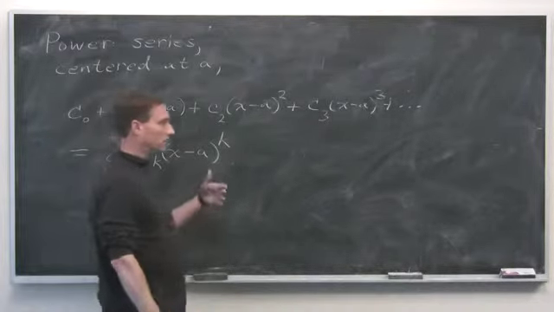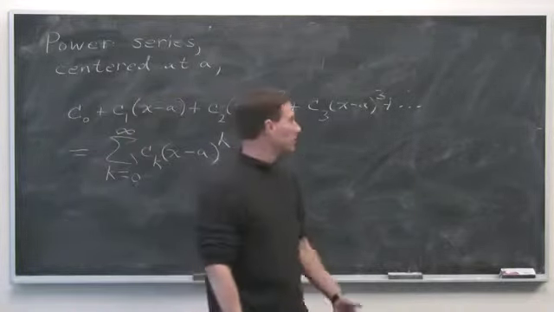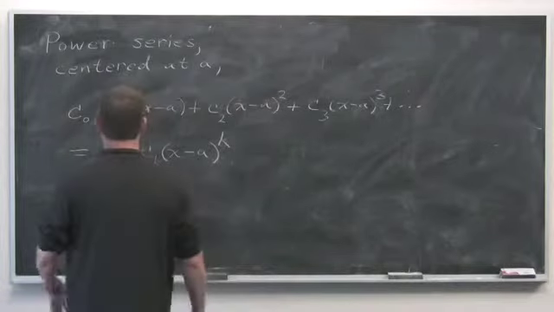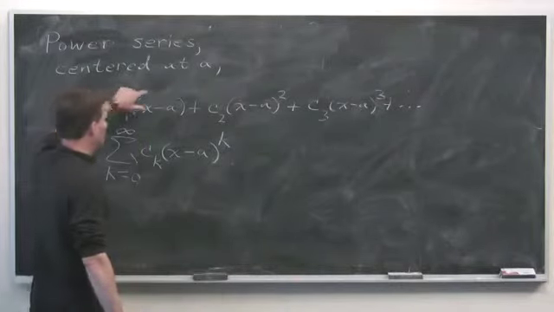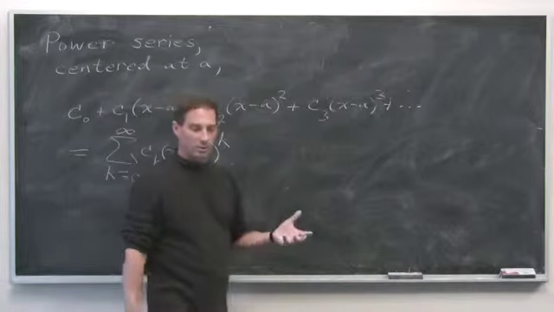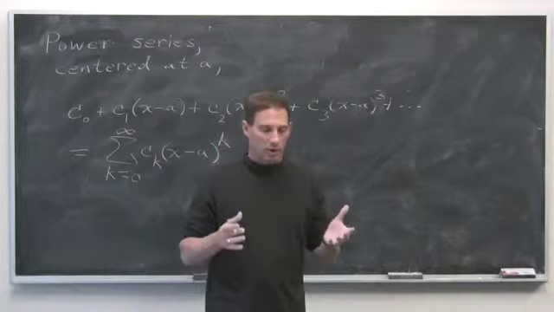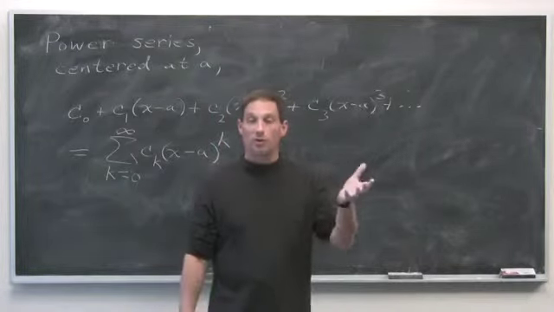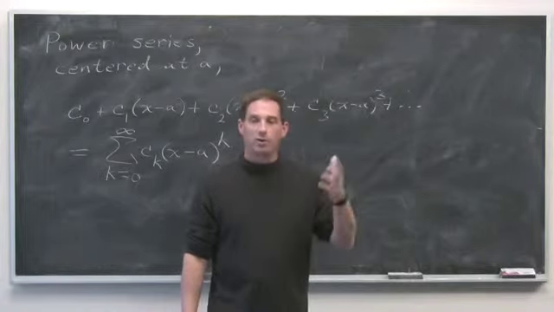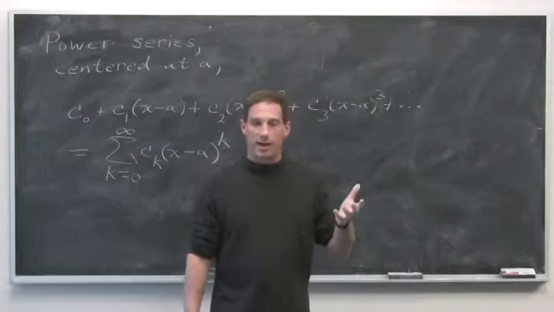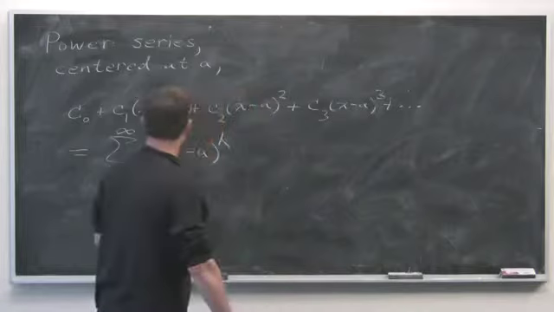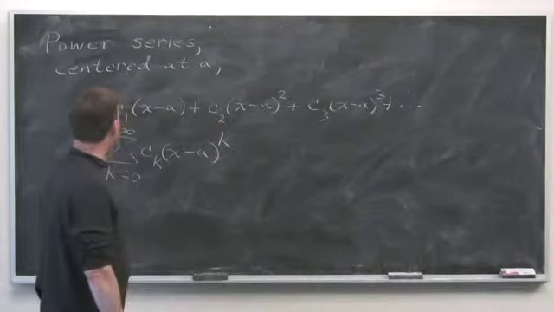So the Taylor series, the Maclaurin series, those are examples of power series where the coefficients we use are the Taylor or Maclaurin coefficients, the ones you get by starting with some function f, evaluating its derivative at a, and dividing by k factorial, where k is the derivative that you're on.